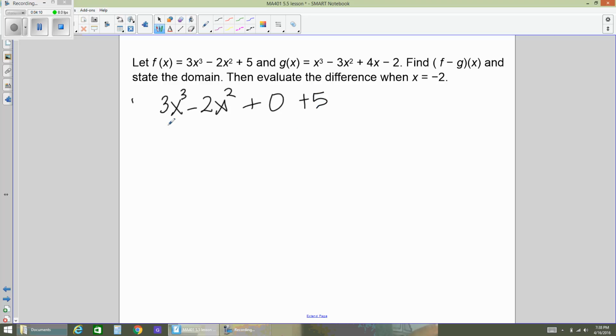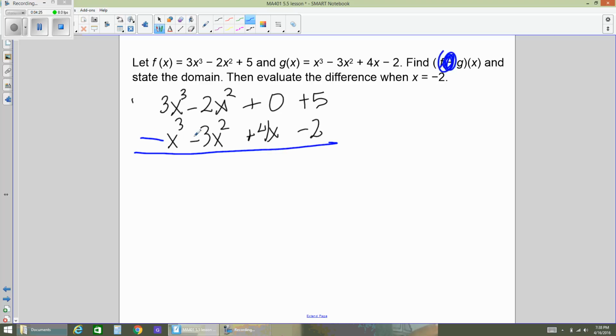Then for my g of x, I have x cubed minus 3x squared plus 4x minus 2. They said we were subtracting. So when I draw my line, I change my sign. So change all your signs the whole way down.